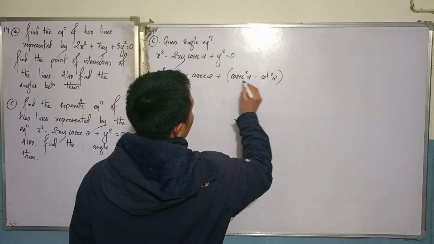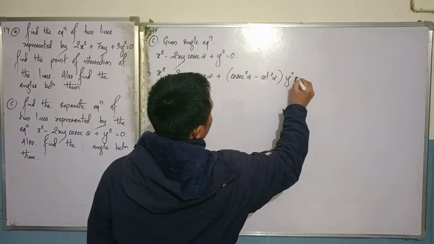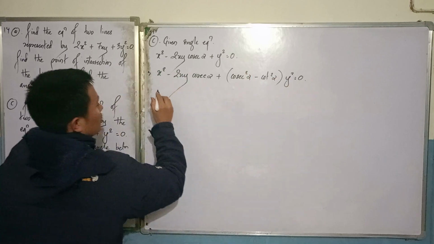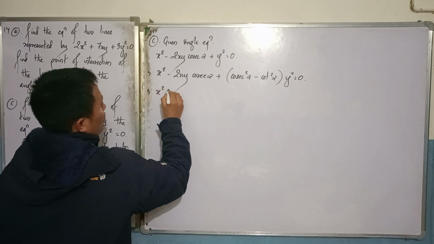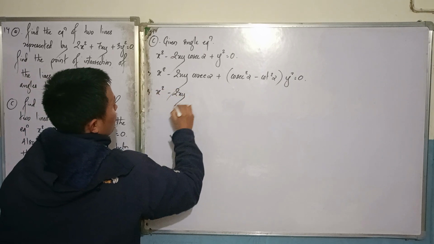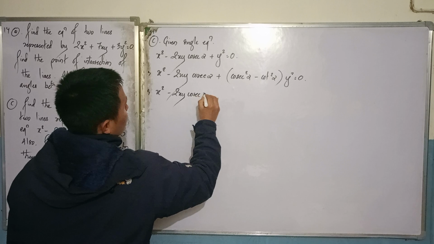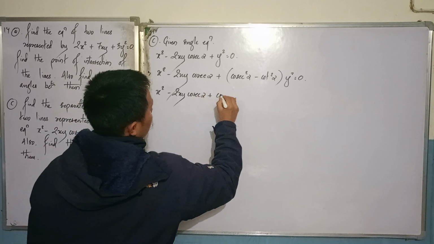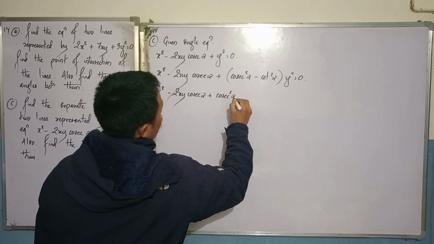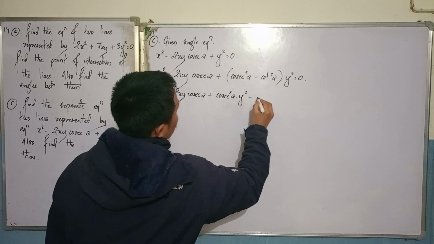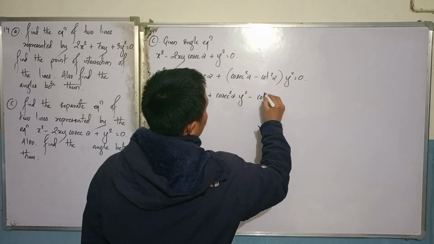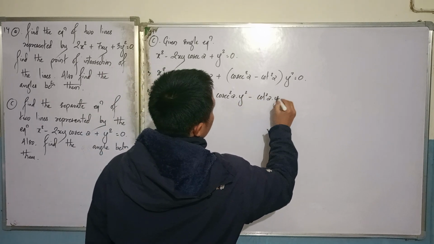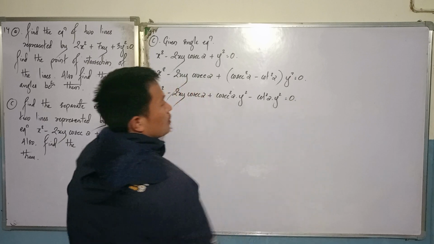So this is equivalent to 1. Alright. Cosec alpha plus cos squared alpha y squared minus cot squared alpha y squared is equal to 0.